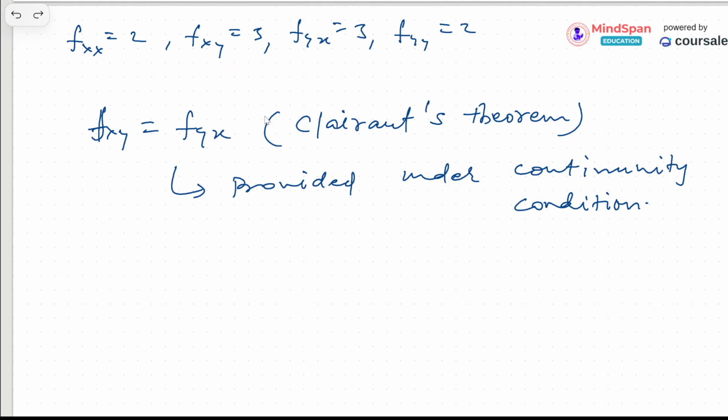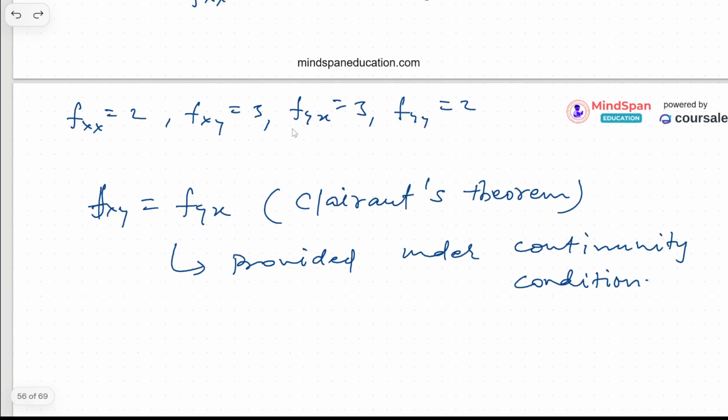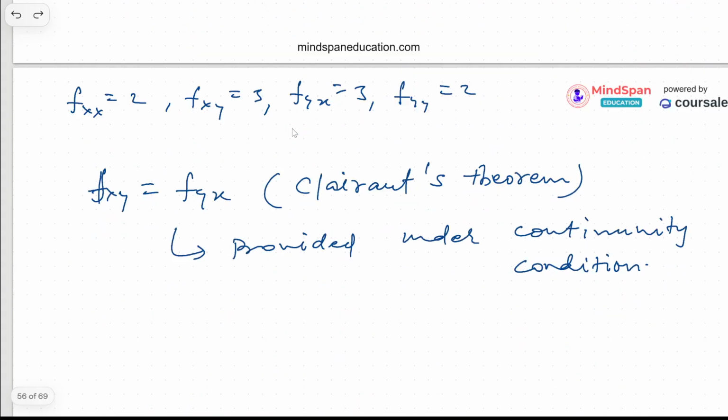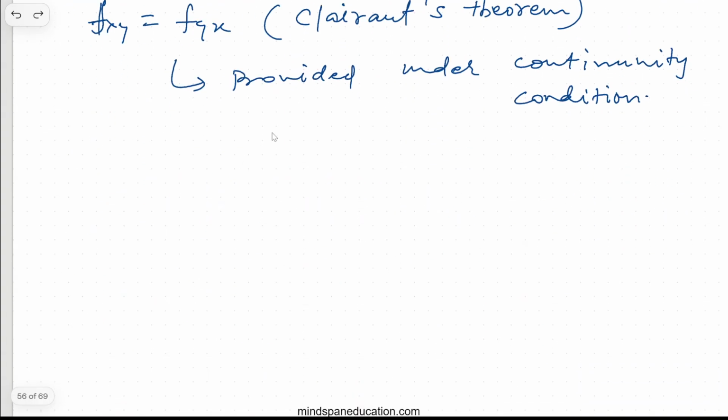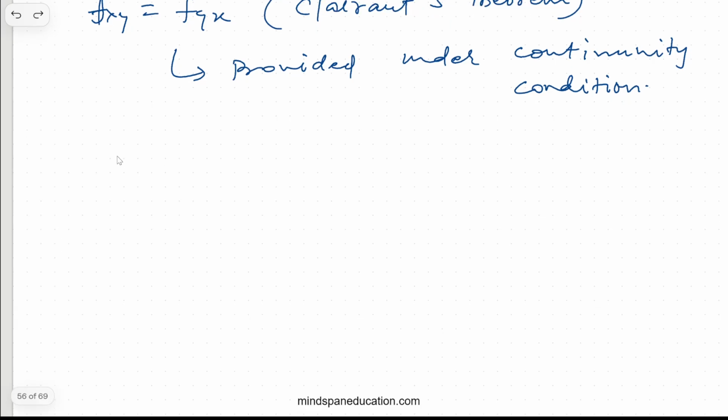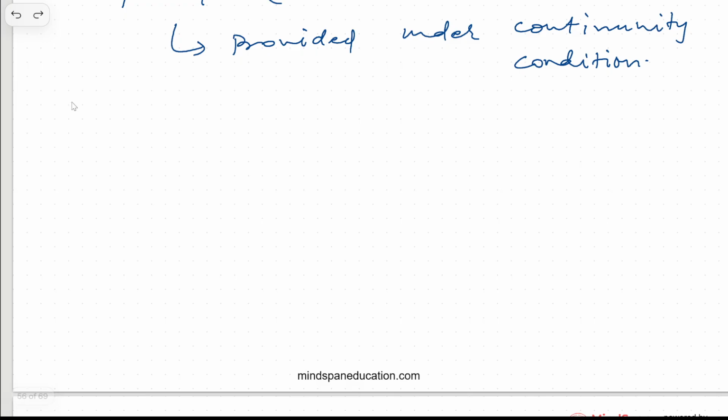Okay, now since we calculated the higher order derivative, using this we have another concept. Using first order derivative we had the gradient, right? Using second order derivative we have another concept, it is called Hessian.